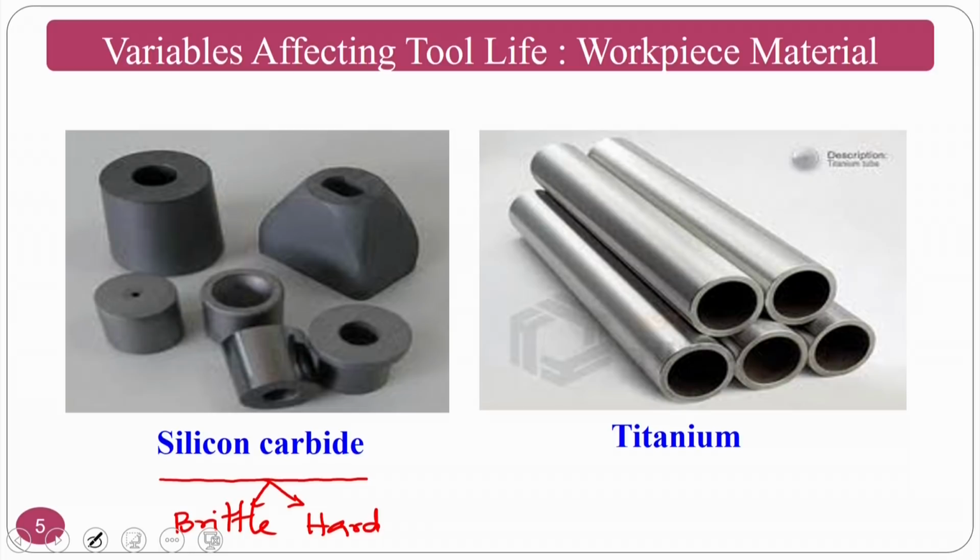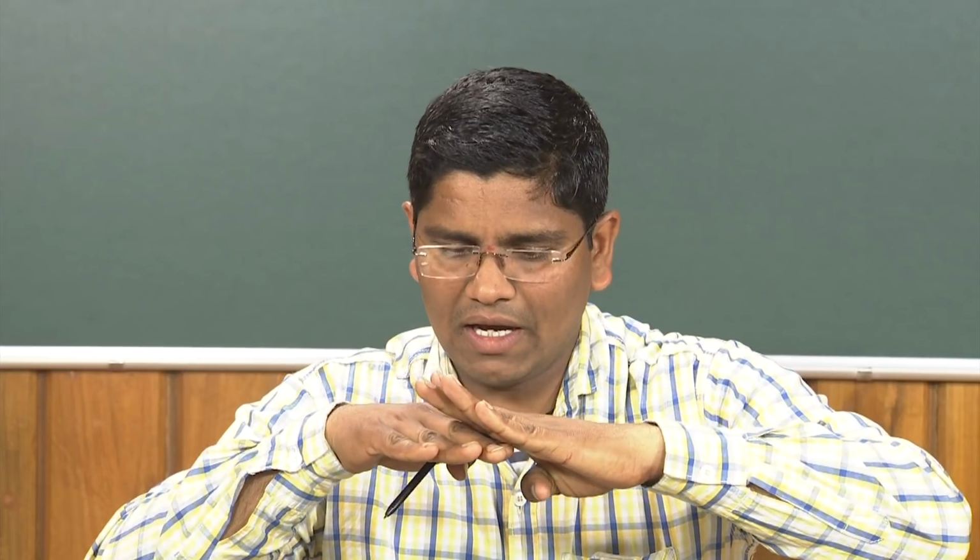Another advanced material is titanium and its alloys. The basic problem in machining titanium is that it is a poor thermal conductor. If I want to cut titanium, the chip is moving and it is a poor conductor, so the temperature stays in the machining region itself and at the bottom of the chip.